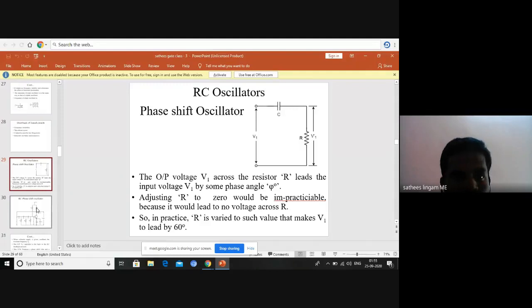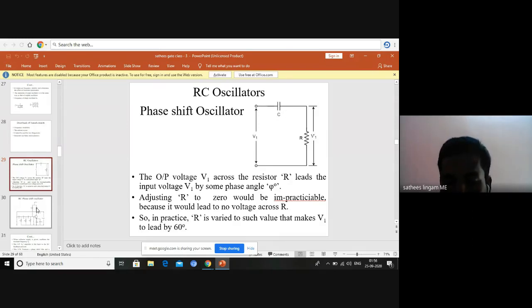Why I'm saying this: from the oscillation, initially it moves into the tank circuit, or the transformer, to couple. The transformer creates a 180-degree phase shift, so zero is shifted to 180 degrees.